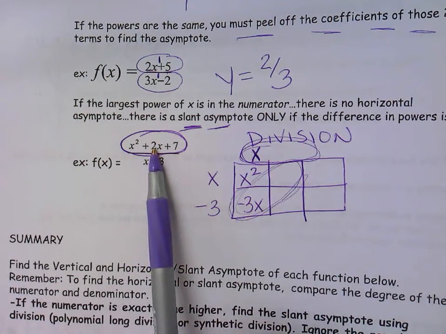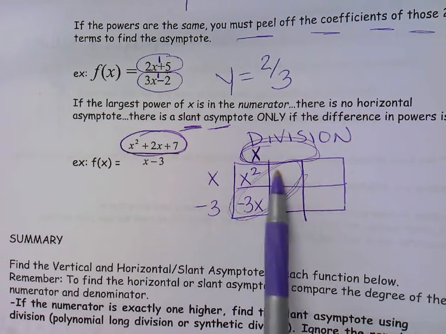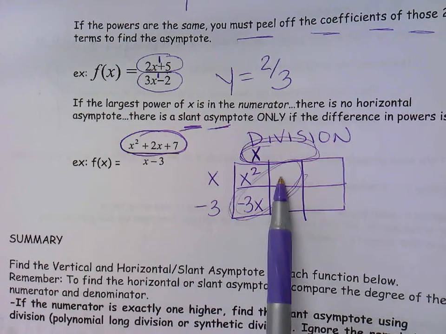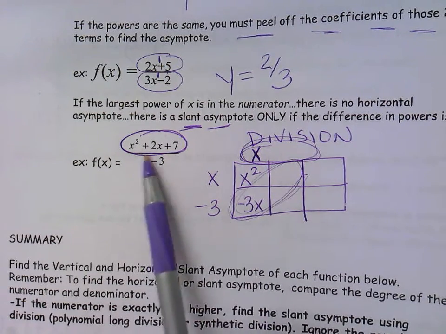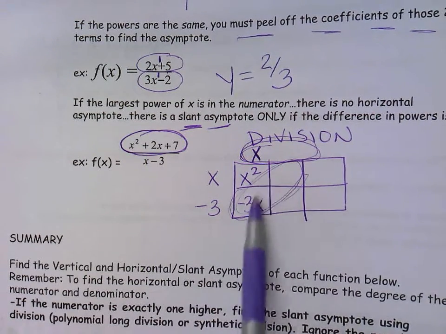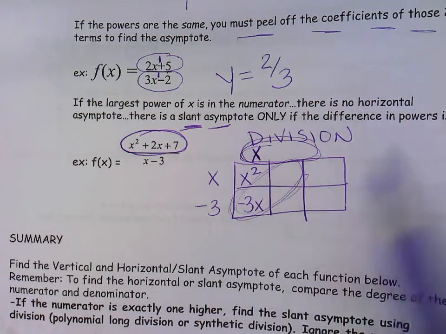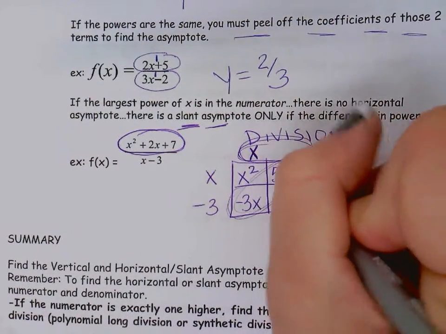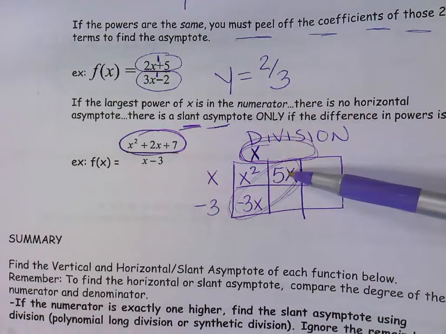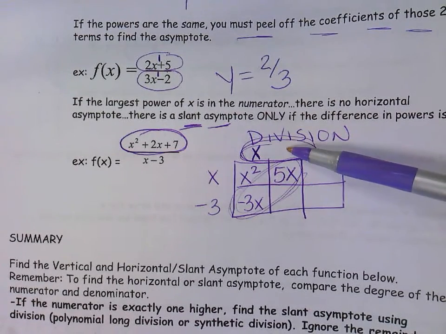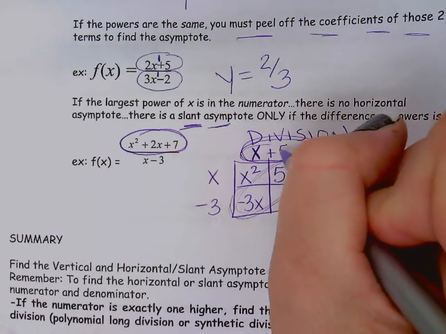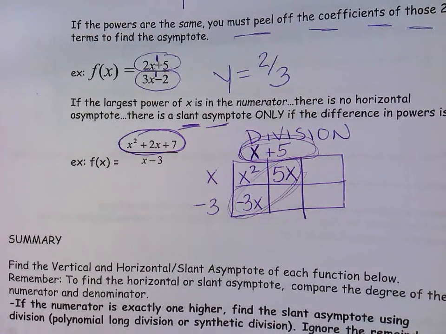So what do I need up here? What? Minus 3x will give you 2x. Do 5x. Thank you. All right, if a 5x is here, what goes on the outside? Plus 5.